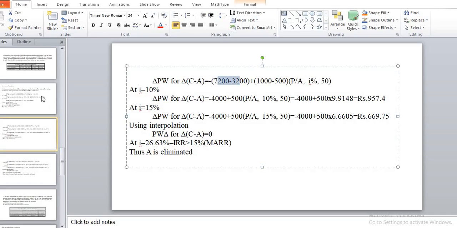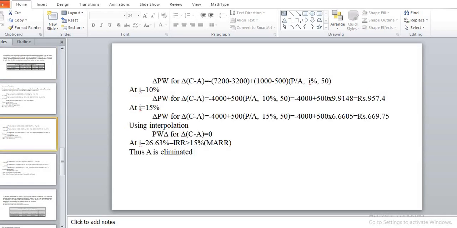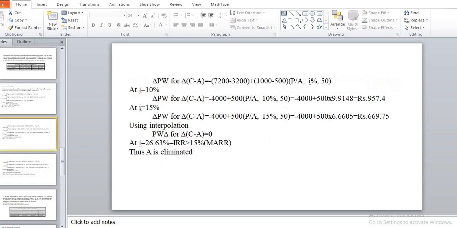This is the investment for C minus A: 7,200 minus 3,200. Again there is a revenue and expense difference. Revenue is 1,000 for C and 500 for A, so 1,000 minus 500, with the present worth factors for these particular terms.